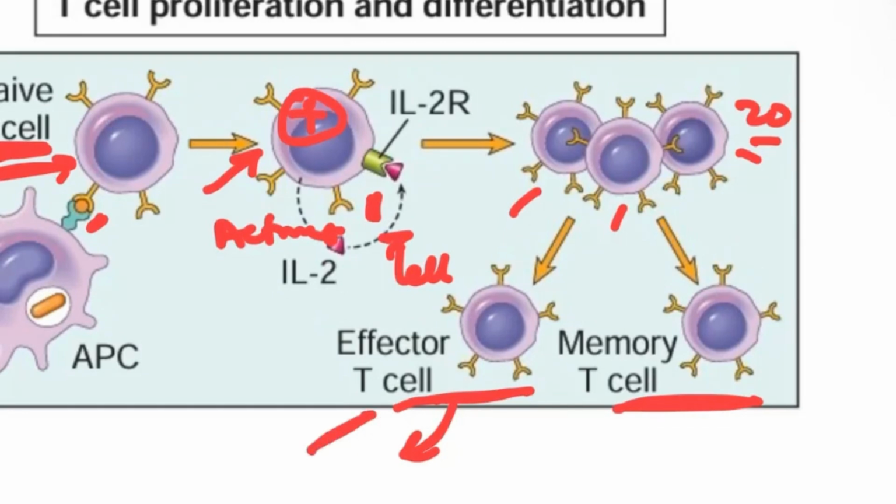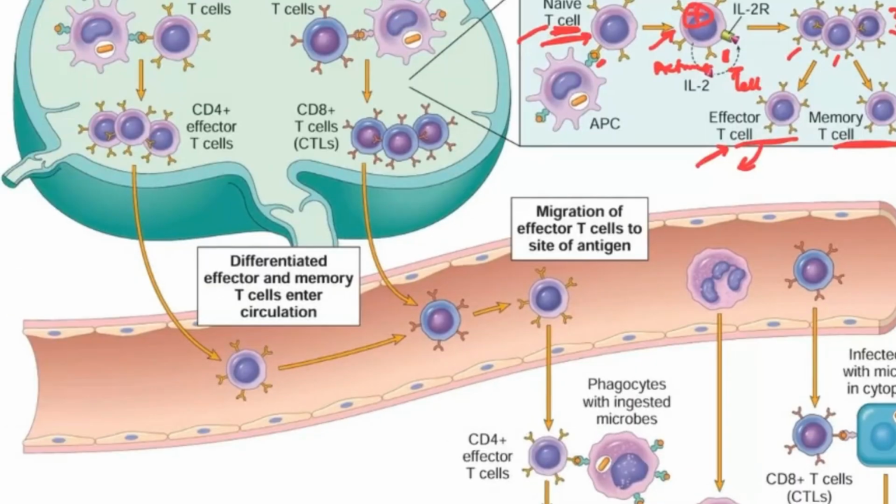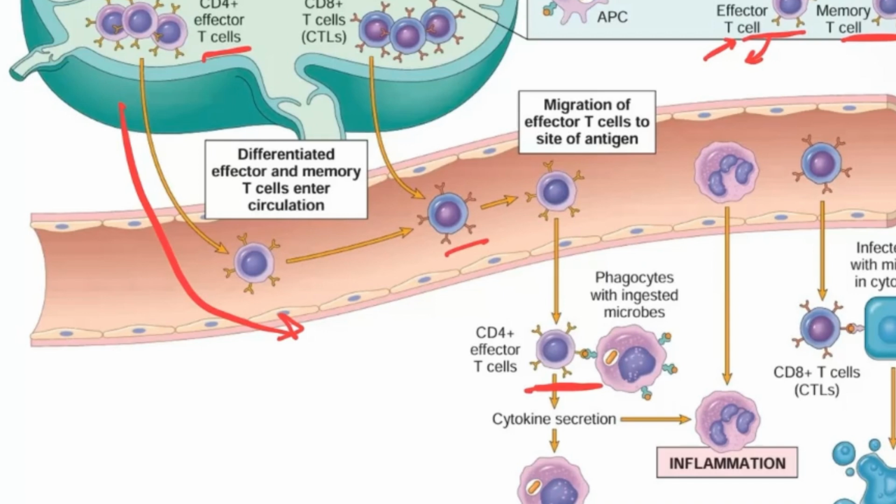Because these effector cells, once they are done with their job, most of them will die off because the stress of producing so many cytokines, recruiting a lot of white blood cells and trying to fend off the infection, like you can see here, right? So once the effector T cell goes out and stimulates other white blood cells, all this whole process of recruiting and getting rid of the infection will exhaust the T cell, okay? And those effector T cells will die off.